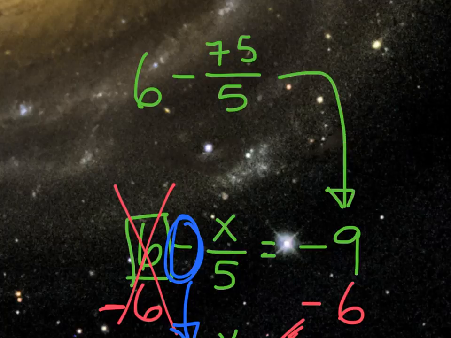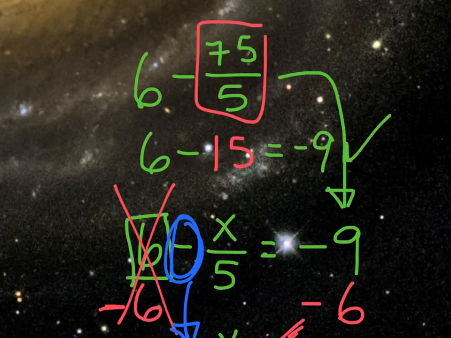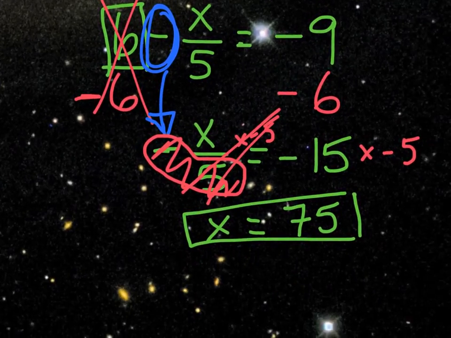Let's just double check. So 75 divided by 5 gets me 15, and 6 minus 15 is in fact negative 9, so we're good. So that means x is in fact 75. Okay, that is it for level 3.